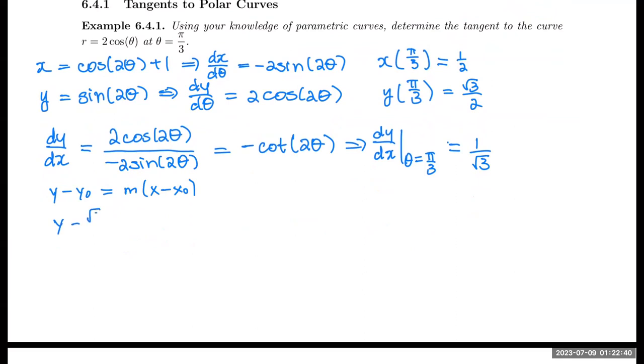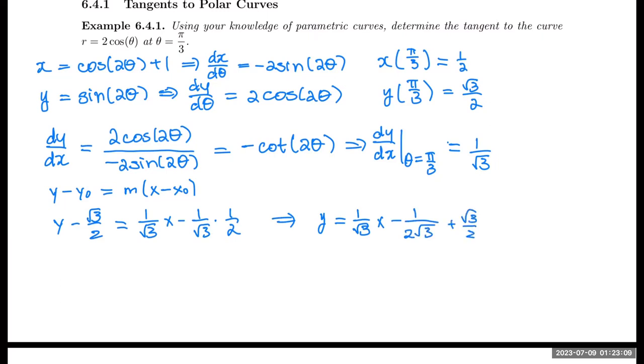So root 3 divided by 2 is equal to the slope, which is 1 over root 3, times x minus x0, which is 1/2. And so that means y equals 1 over root 3 x minus 1 divided by 2 root 3 plus root 3 divided by 2. And that is the equation of the tangent to the curve that you should obtain.